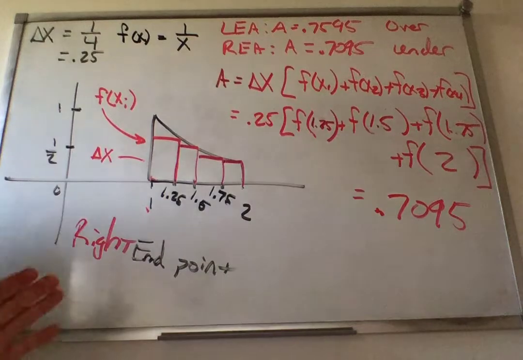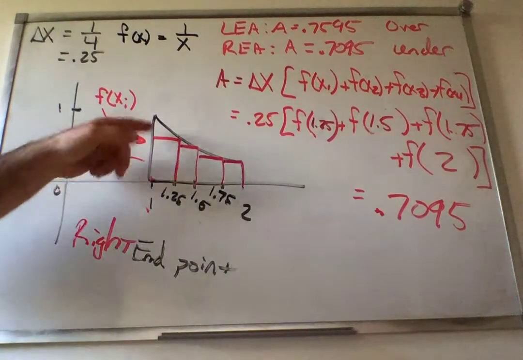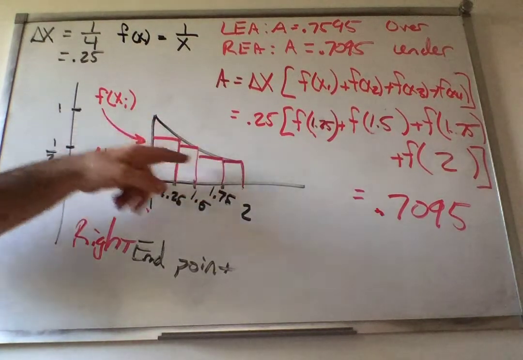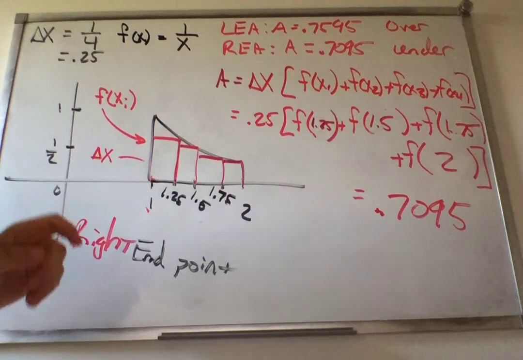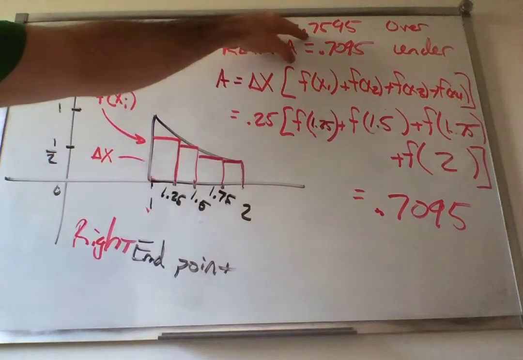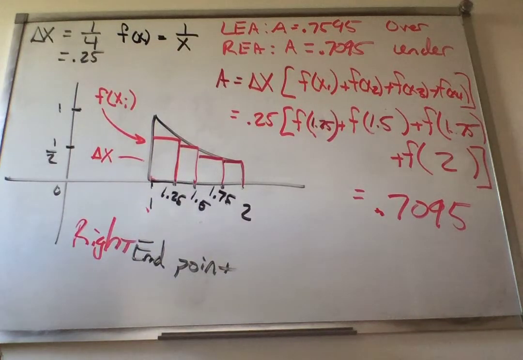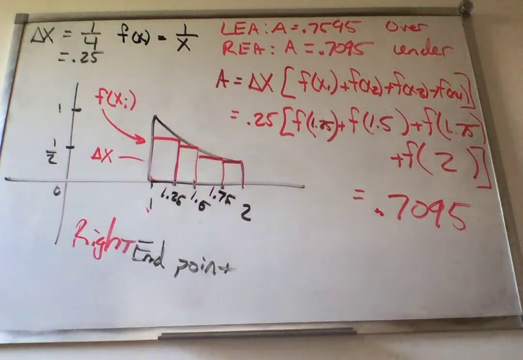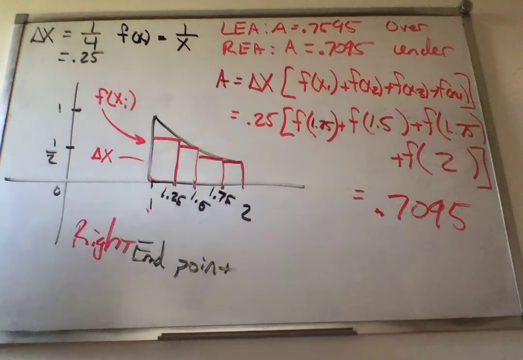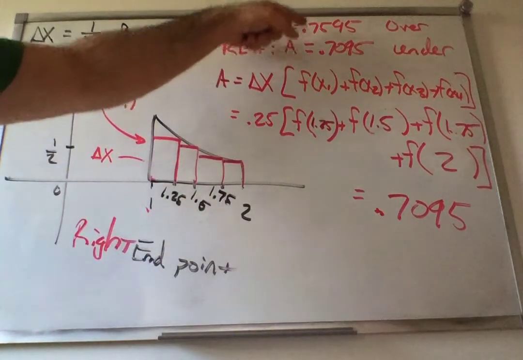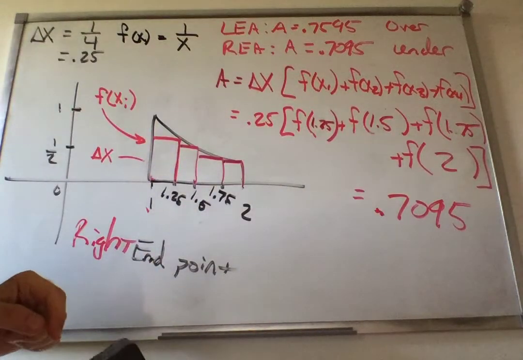So we know for a fact that the actual area underneath this curve must be between 0.75 and 0.70. Okay? Now let's see if we could do a little bit better. Let's go ahead and find the midpoint approximation. You should expect the midpoint approximation to be somewhere between these two.